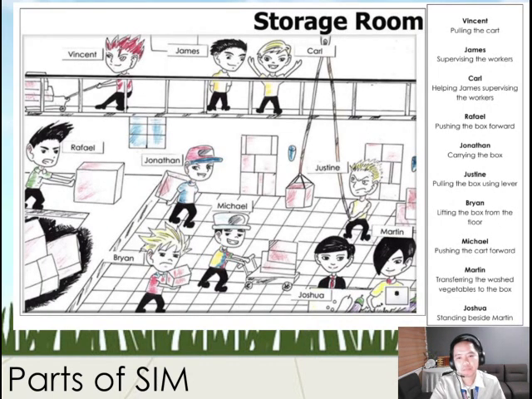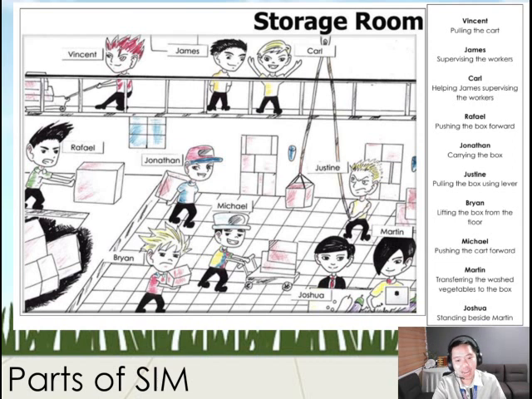For example, in my strategic intervention material, I have there a storage room, and these are the different personnel inside a factory. So we have there Vincent. Vincent is pulling the cart. To further facilitate the learning, aside from the visual, learners have something to read, since they have to identify who among them is doing work by placing arrows representing the direction of the force and the movement.